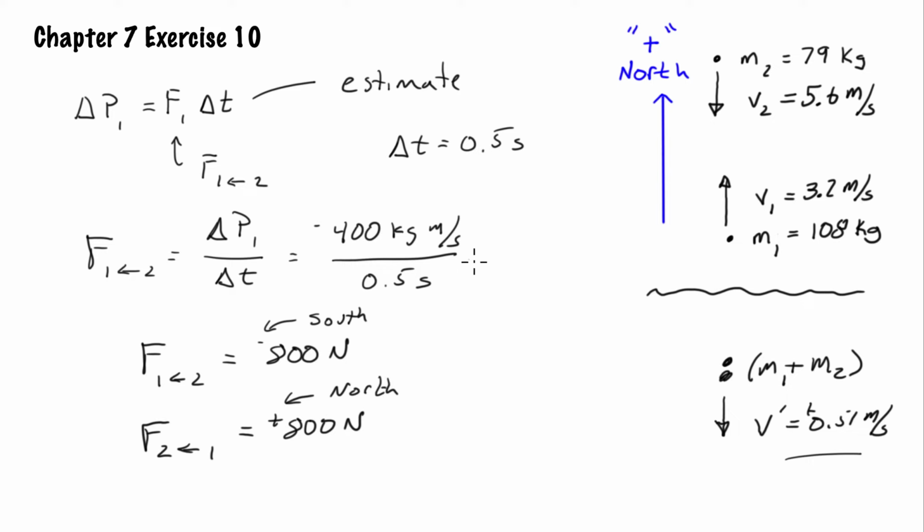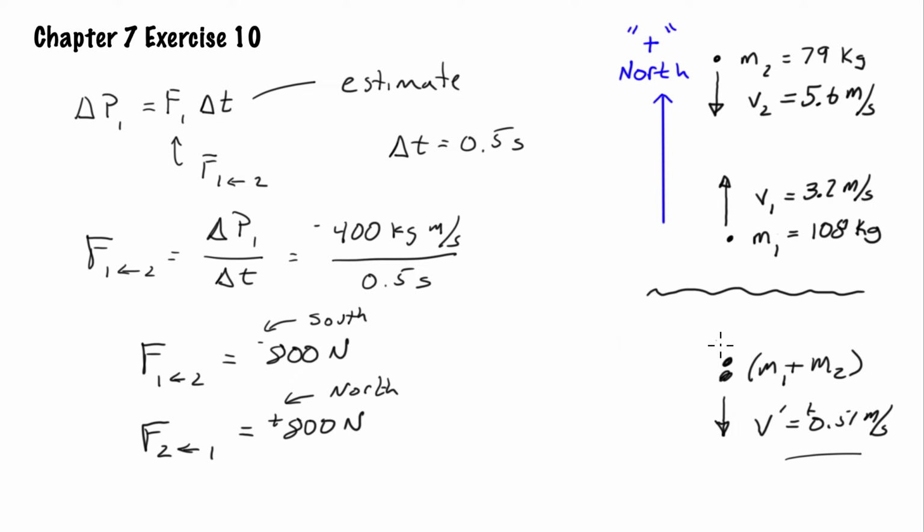And if you were to go through the calculation, which would be unnecessary really to show it, you'd have exactly the same numbers here, except the change in momentum of player 2 wasn't minus, it was plus, because it was directed to the north. Because player 2 was initially moving to the south, but then ended up moving to the south more slowly. So player 2's momentum got changed to the north.